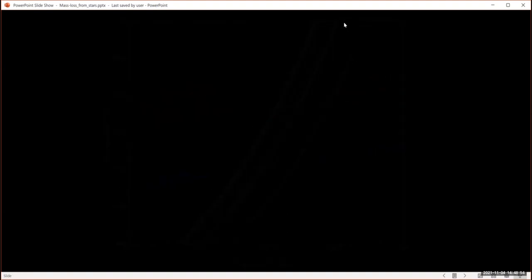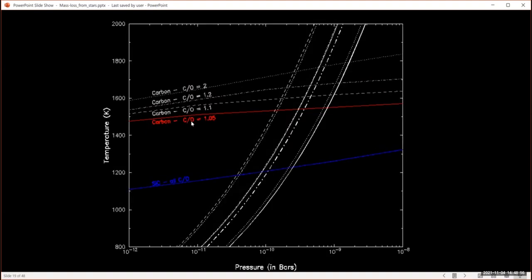Let's take another look at this. In this case, what we're looking at is just stars for whom the carbon to oxygen ratio is approximately 1.05. And what you can see here is that actually it's not very sensitive to the pressure. So for all of these stars, the carbon to oxygen ratio is what dictates what the formation temperature is going to be.